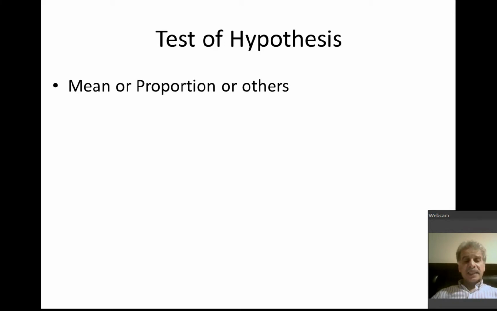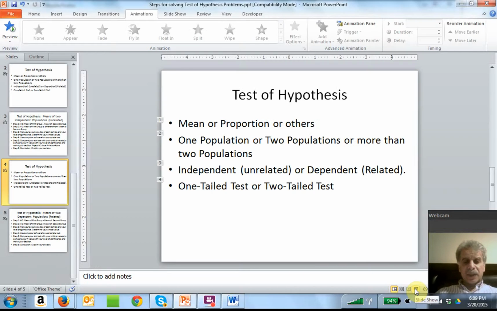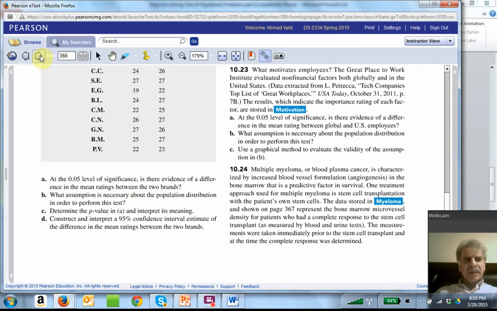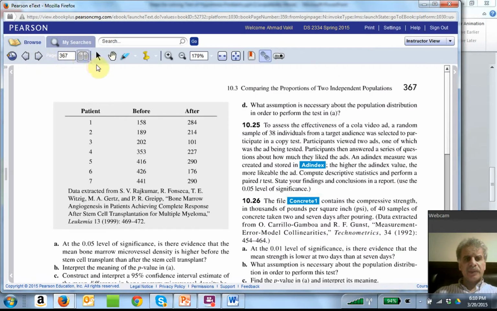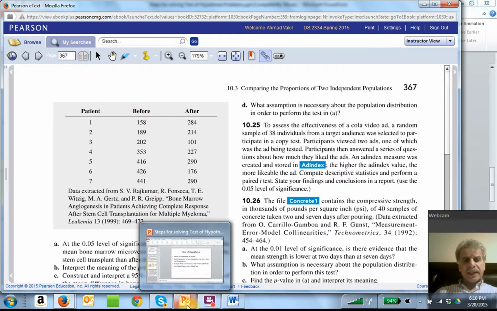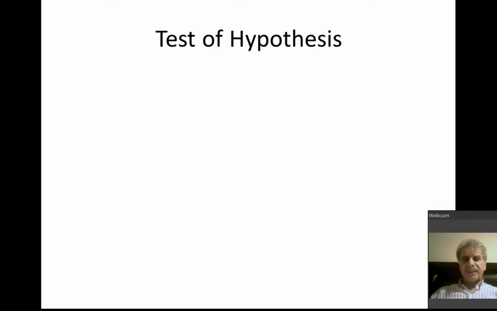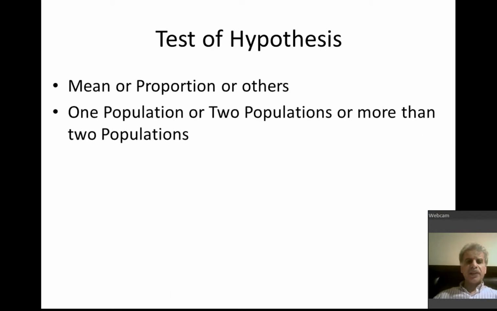Now, the second thing is, let me go back to the problem and see what else I could get from this. This problem is on page 366 and 367. So, let me go to 367 and see what they are looking for. Obviously, this problem is dealing with two populations. It says before and after, so clearly this is two populations.